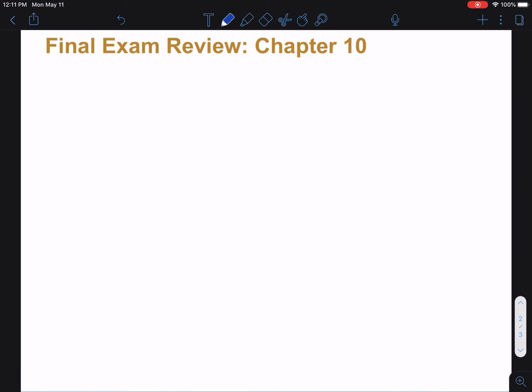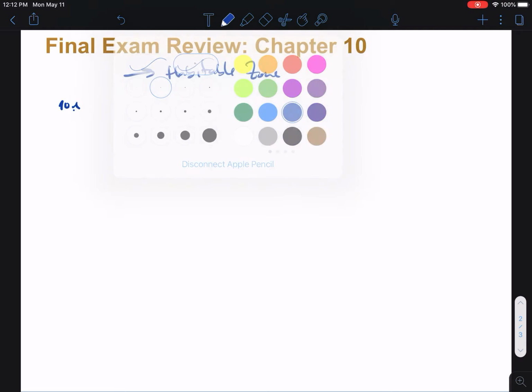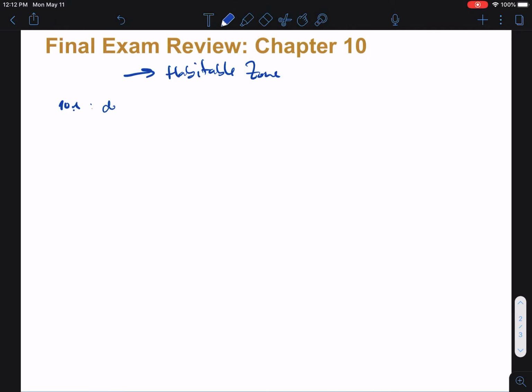Let's jump into it. So, chapter 10, this was all about the habitable zone. So in the first section, 10.1, we defined the habitable zone.